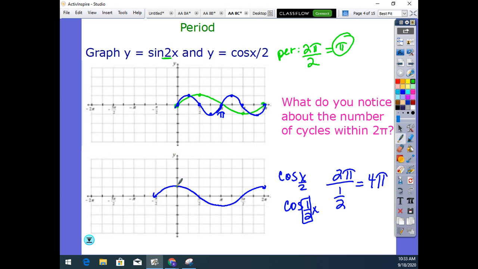So that means I'm going to be stretching this out.